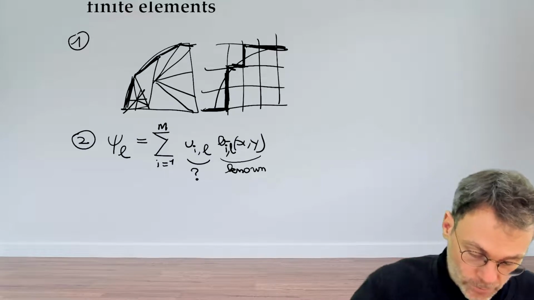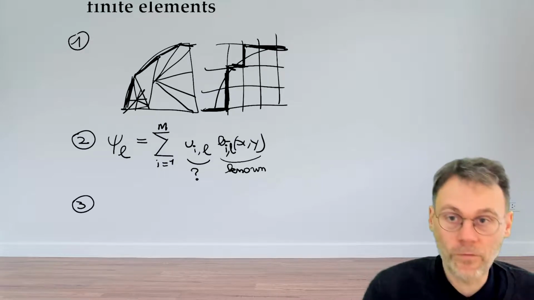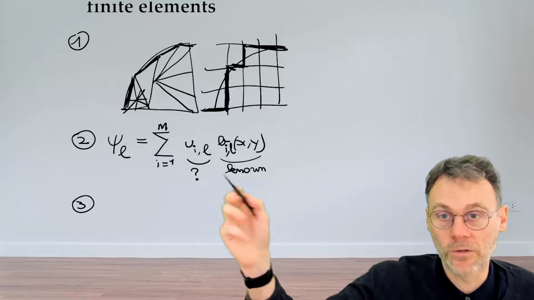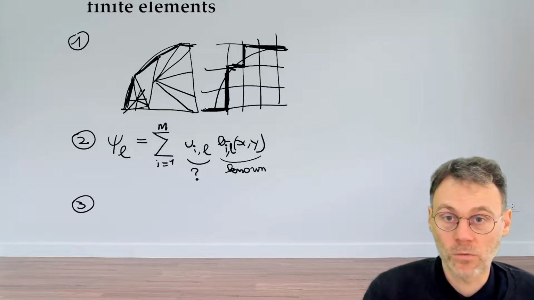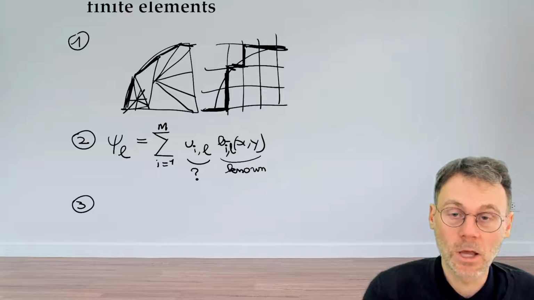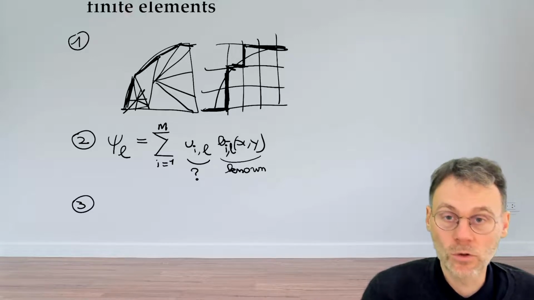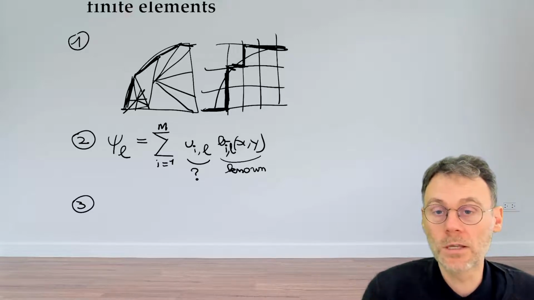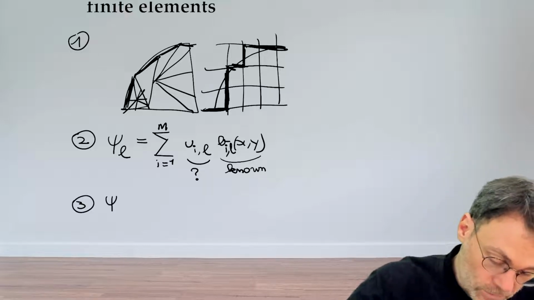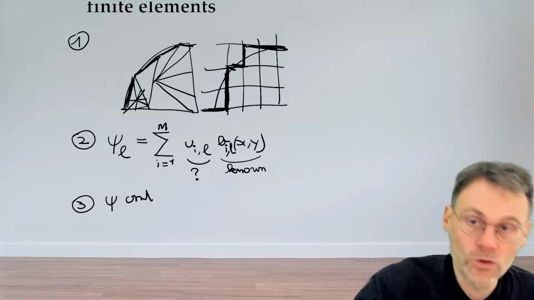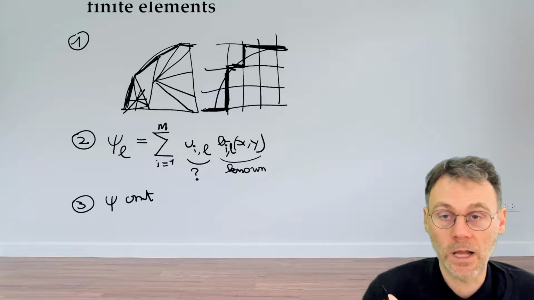Let's go to step number 3. So far, we've looked at each element individually. Obviously, these elements are interdependent, right? One element is next to another element. So there are some constraints that you can exploit when you are gluing these different elements together. Typically, what you have is that the field is continuous if you move across the boundaries of the different elements.